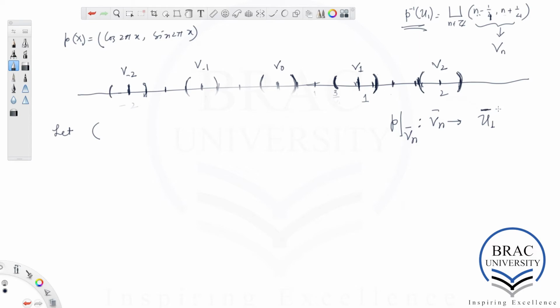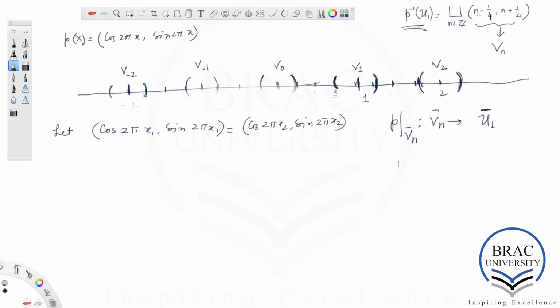That's something that I need to show first. Let's assume that cosine 2 pi x1, sine 2 pi x1 is equal to cosine 2 pi x2, sine 2 pi x2. Okay, let us assume that.